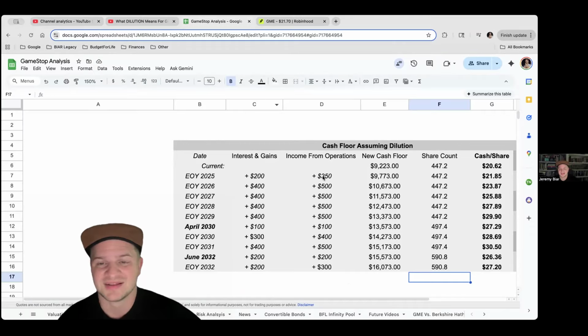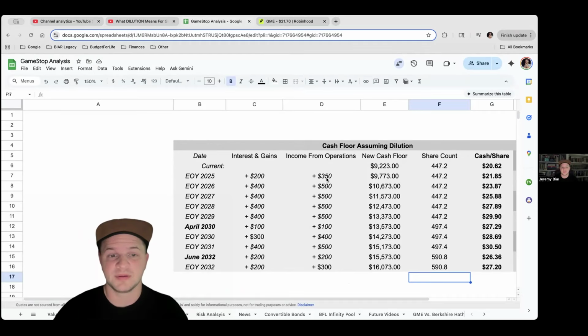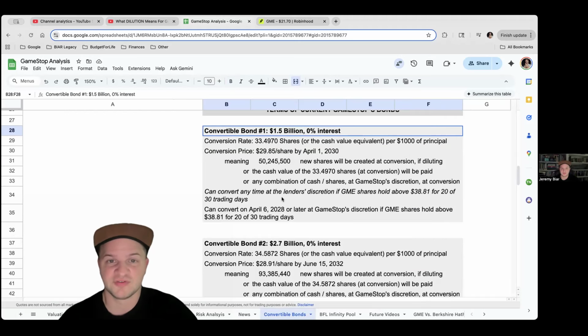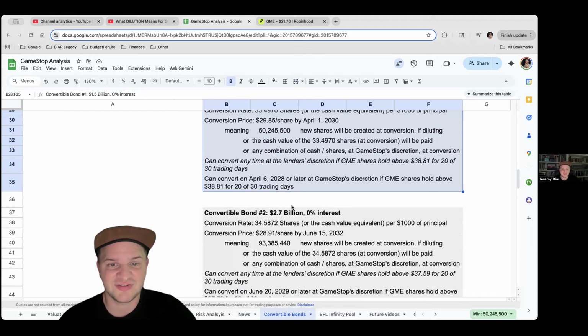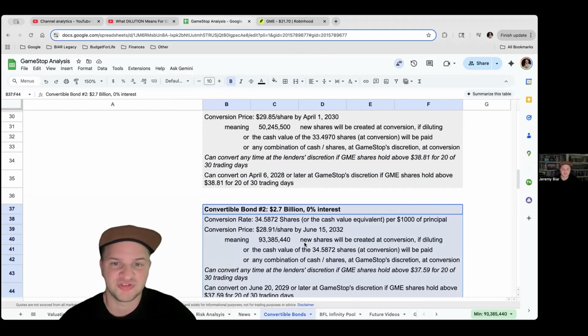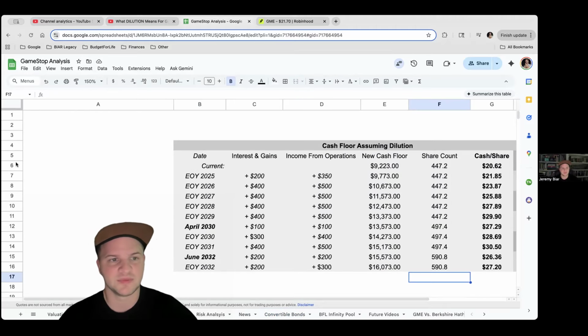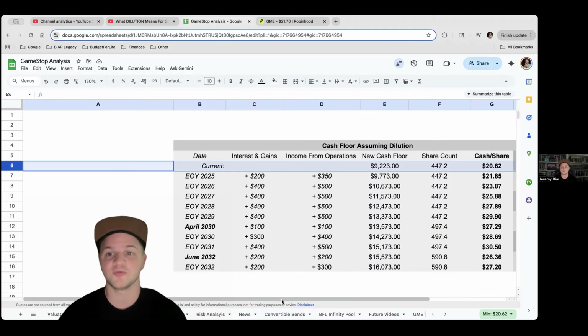So let's talk about the cash flow of GameStop, whether you're talking about dilution or debt related to the convertible bonds. Do they pay these back in cash, or do they pay these back with shares and therefore dilute the float? How do we go about thinking about it? Well, what do we know right now?